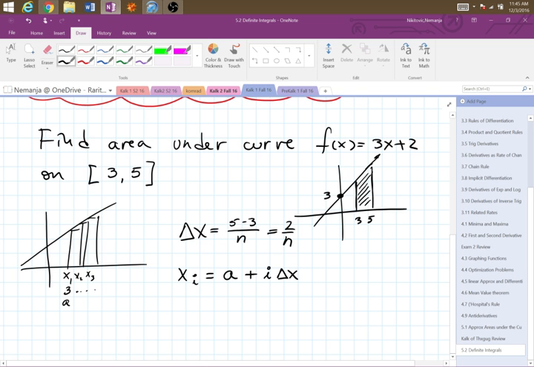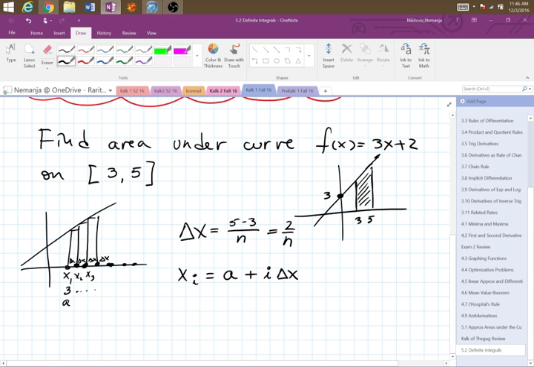When i is equal to 1, you have a and you're adding delta x, so that just jumps to the next position. And then when i is equal to 2, you're adding 2 delta x's, so then you are on this position, and then it goes like that. So in between every one of these, there is a delta x. These are evenly spaced, so there is a delta x here, delta x, delta x, delta x, forever.